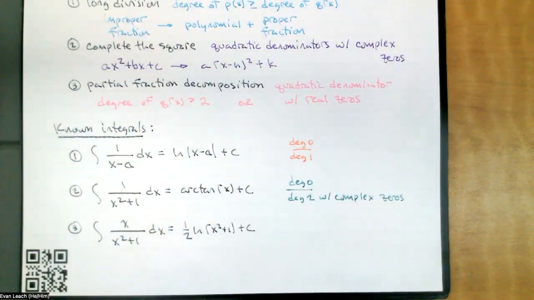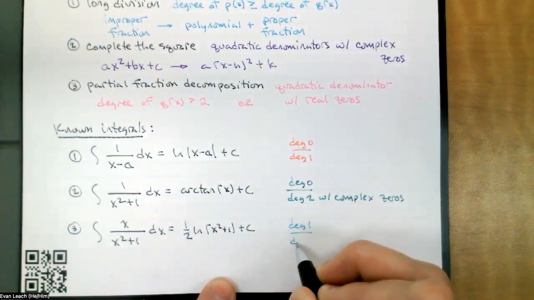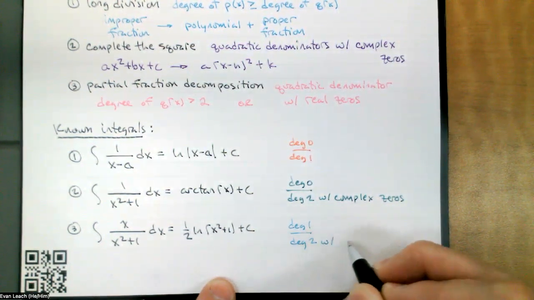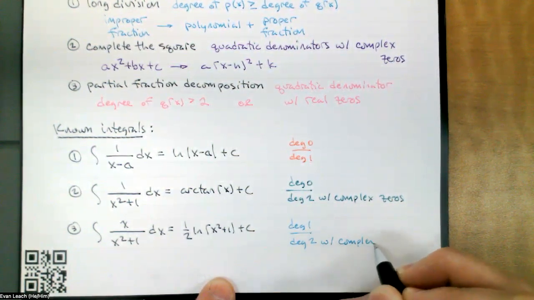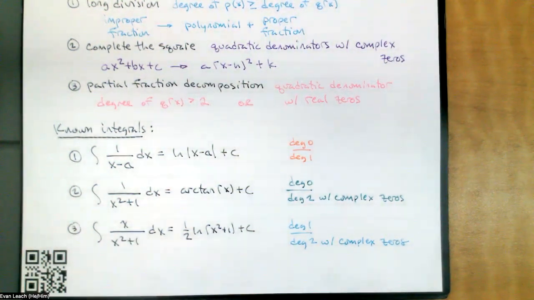Degree 0 over degree 2 with complex zeros. And this last one is degree 1 over degree 2 with complex zeros. So we're going to learn to work with these.